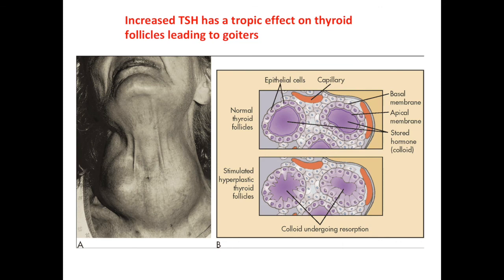And because it's tropic, it causes these follicular cells to grow and become full of thyroglobulin, but not thyroid hormone.